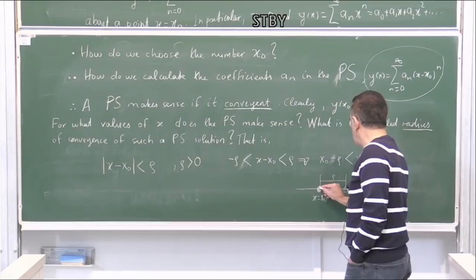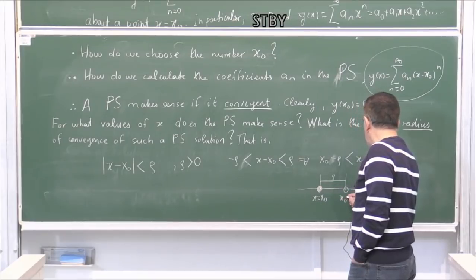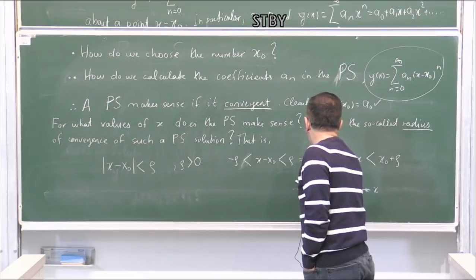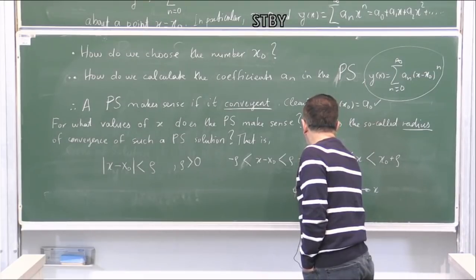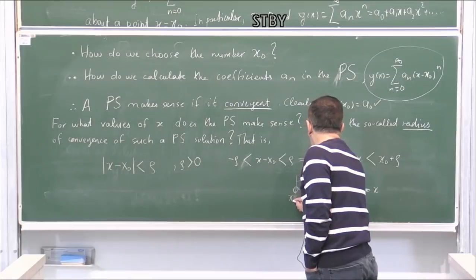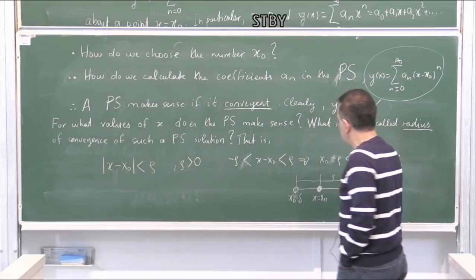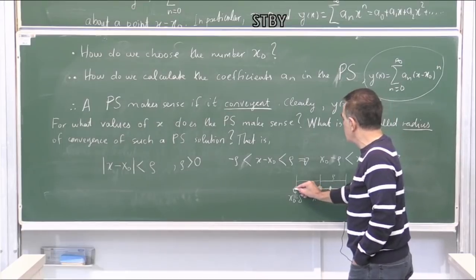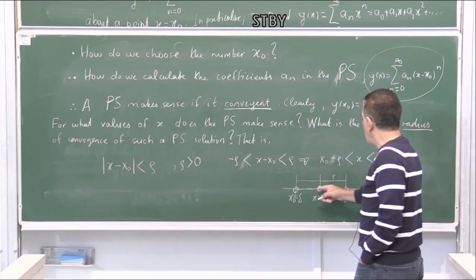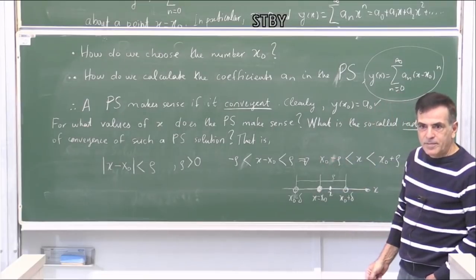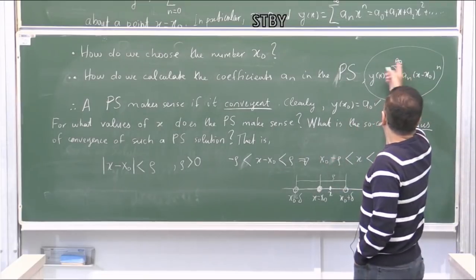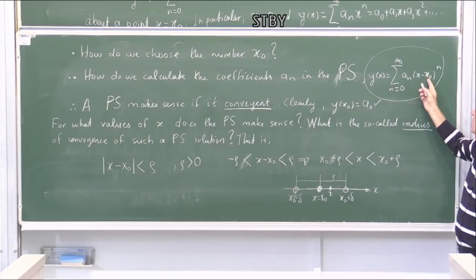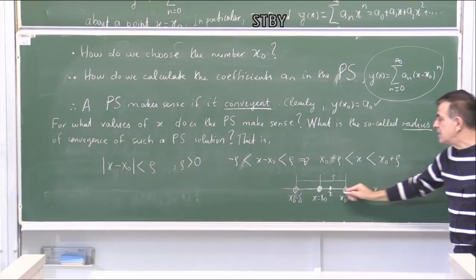So here is x0 plus delta, and here is the point at x0 minus delta. So if you choose any x lying in this open interval, then our power series or Taylor series around x equal to x0 makes sense.